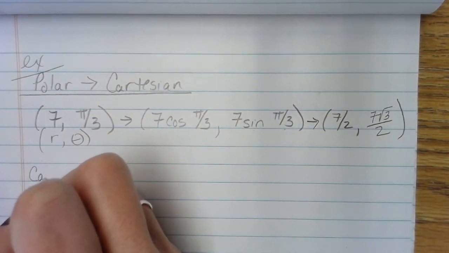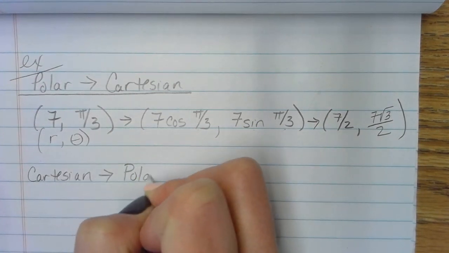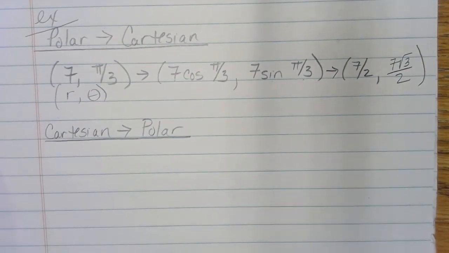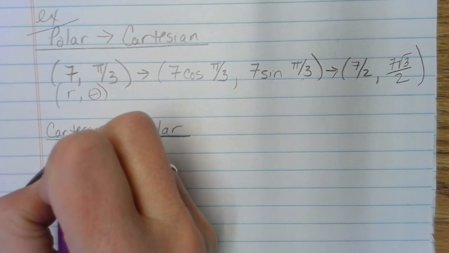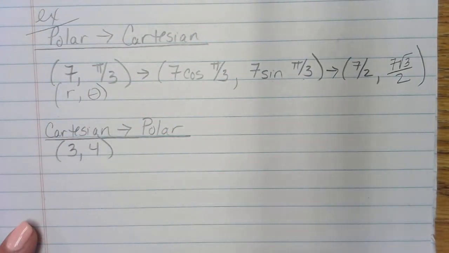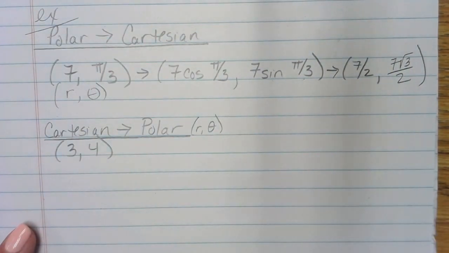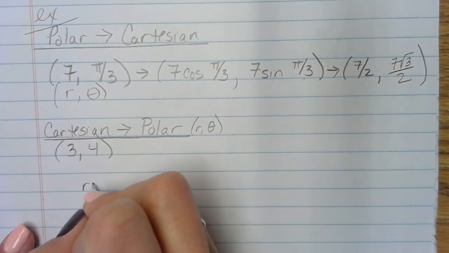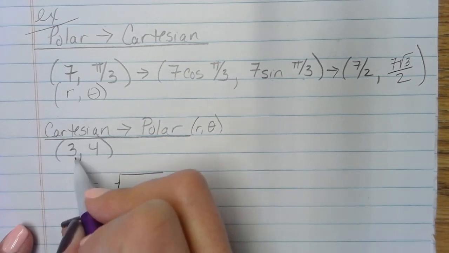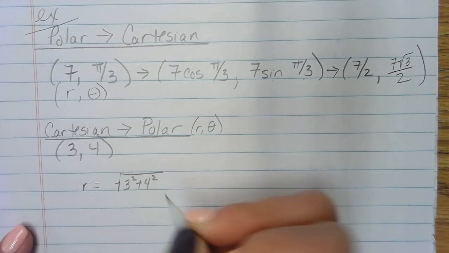If you're given Cartesian to polar, it's a little bit more, just because the equations are a little bit more complex, not because it's necessarily harder. So if I start with the Cartesian point 3, 4, I want to go to polar, so I want them in the form r, theta. Well, r is the square root of x squared plus y squared, so 3 squared plus 4 squared.